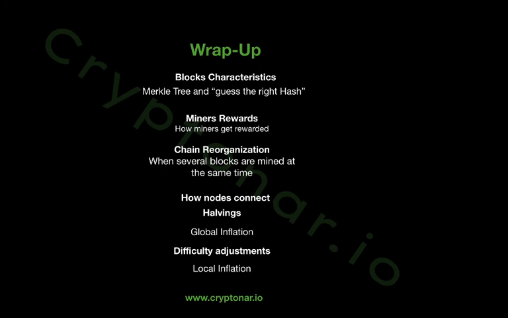We saw how miners get rewarded, and that identity is based on the resources that you waste. We saw chain reorganization, what happens if some blocks are mined at the same time, who wins, who doesn't. We saw how nodes connect very fast, and also we understood the halvings that happened yesterday, which prevent the global inflation of Bitcoin. And we saw difficulty adjustments that prevent the local inflation.